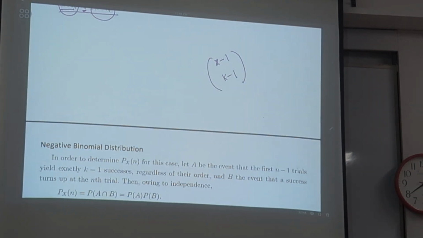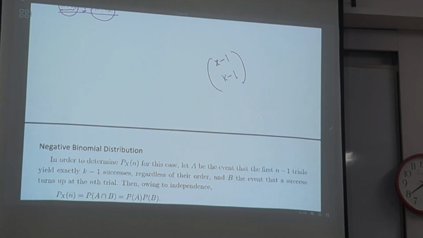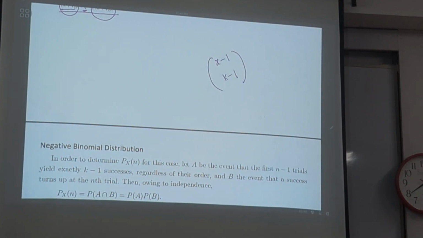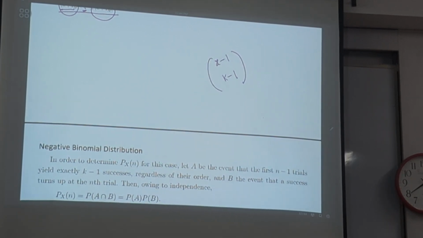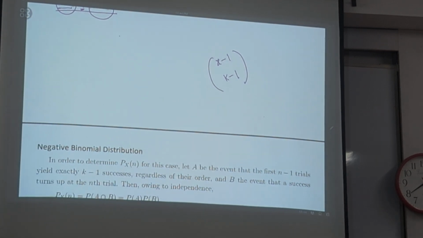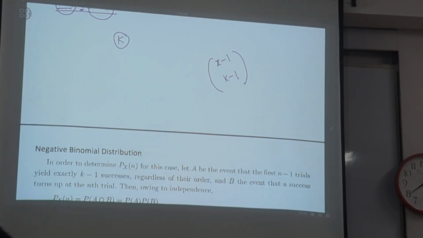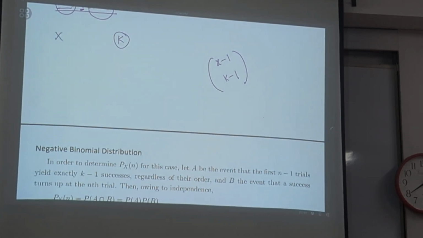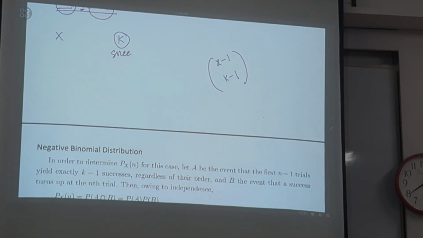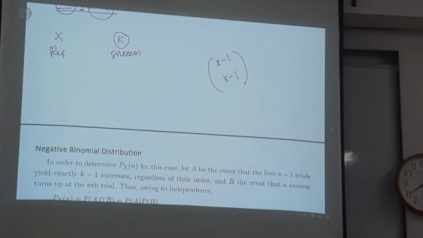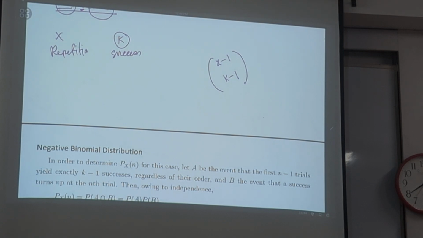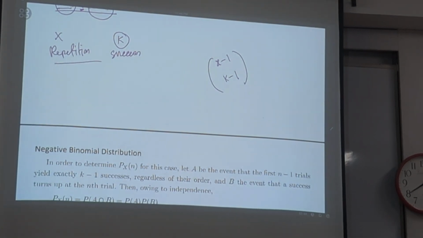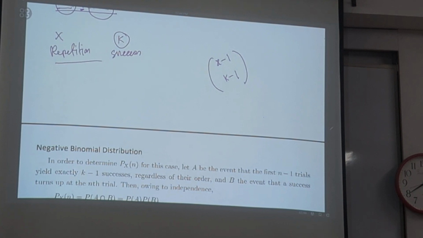In a negative binomial random variable, the number of repetitions is variable and the number of successes is fixed. The number of repetitions is x. So let us assume an example. You toss a coin until you get 3 heads.